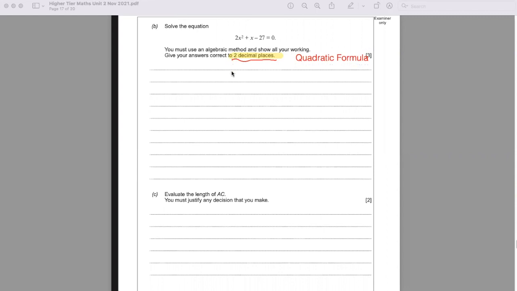So your formula says your solution would be minus b plus or minus square root of b squared take away 4ac, divided by 2a. So a, b, c will be the coefficients of the according terms, like x squared and x. So let's write it down first.